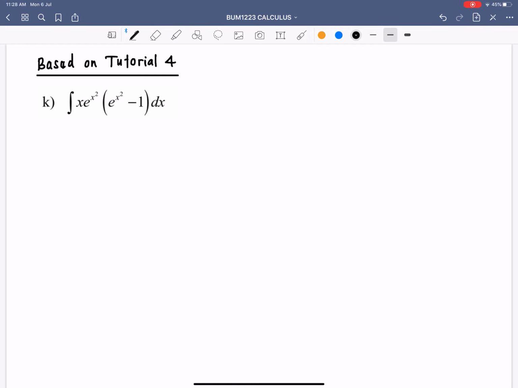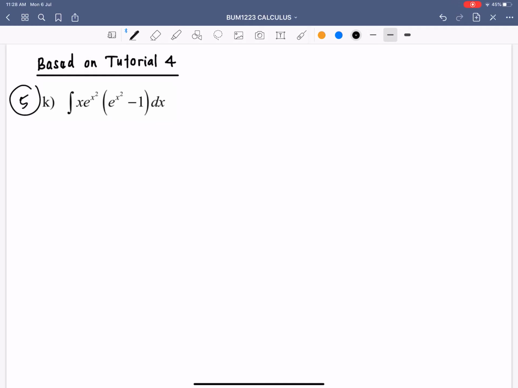Okay, next let us look at question number 5 also from your tutorial 4, question K. This is a more difficult question. If you see, it looks difficult, but it is not really. If you use the correct technique, it will be easy for you to integrate it.